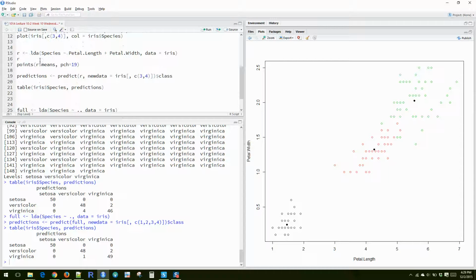You just say LDA and you throw it in like a linear model. Okay, except the key difference here is that the variable that you're trying to predict is categorical, and the other variables are numeric. Okay, so we'll keep it pretty light, and I guess that's all we'll cover for today.